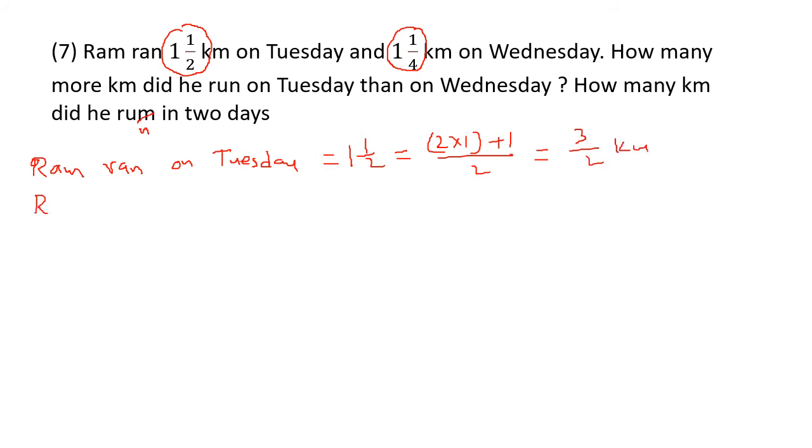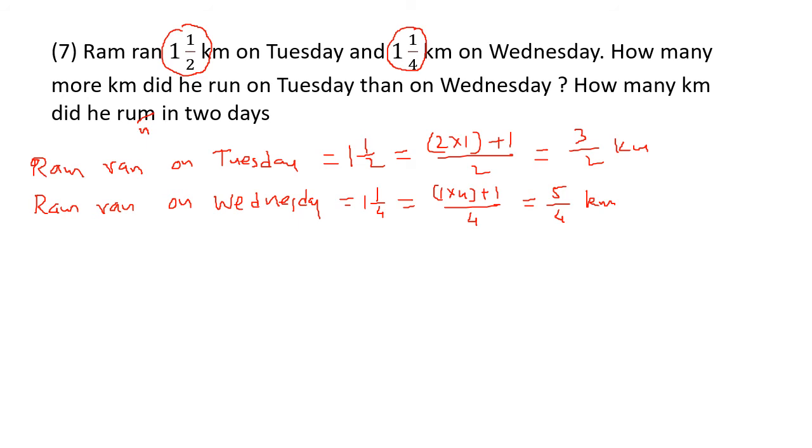And the second statement is Ram ran on Wednesday. And that is 1 whole 1 by 4. This gives you 1 multiplied by 4 plus 1 divided by 4. That is 5 over 4 kilometer.